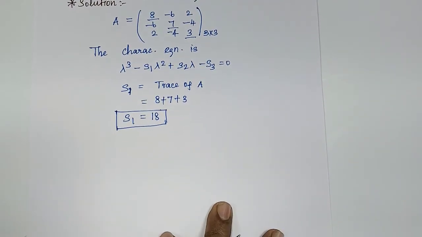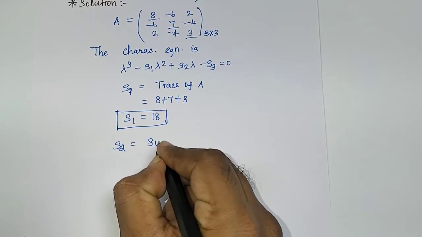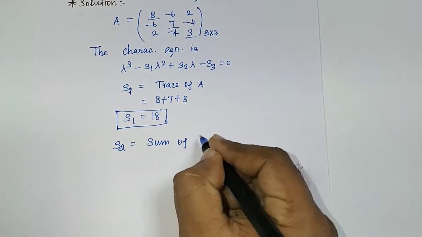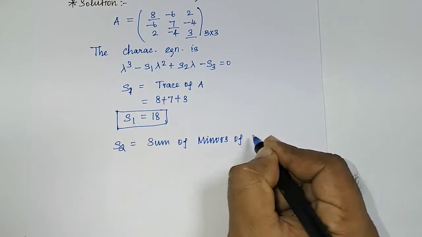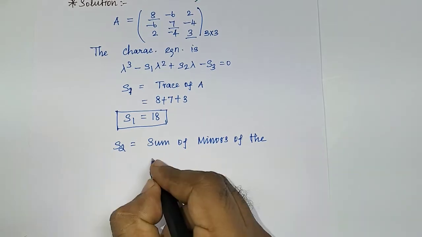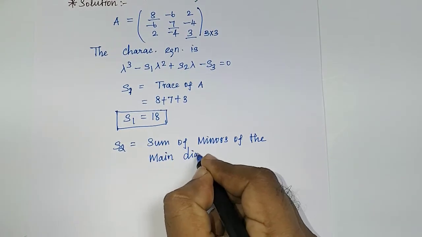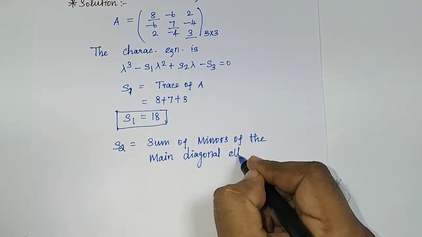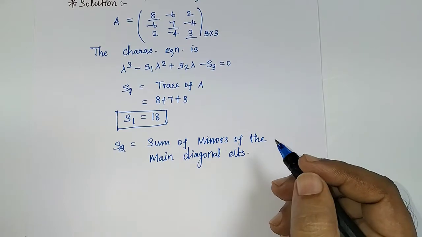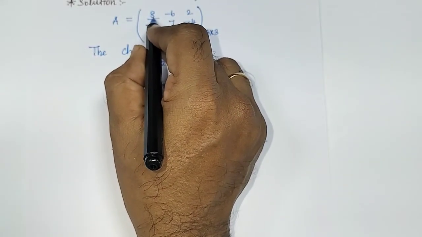Next I'm going to find S2. S2 is the sum of the minors of the main diagonal elements. First I'm taking 8, the first diagonal element.